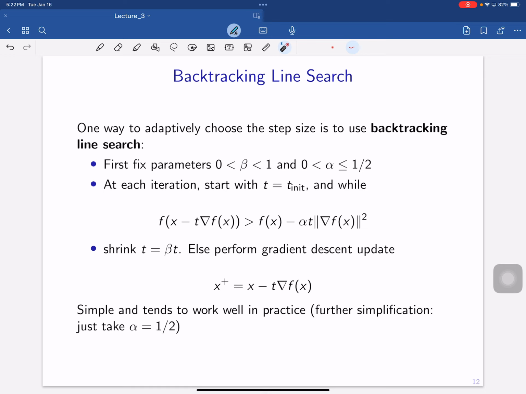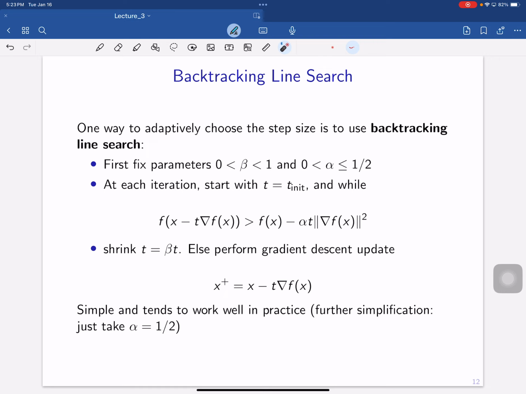Okay, the condition is stated as follows. If you take a step size t, and then if f(x - t∇f(x)) is greater than f(x) minus alpha times t times the squared norm of the gradient, then it means that you are overstepping.